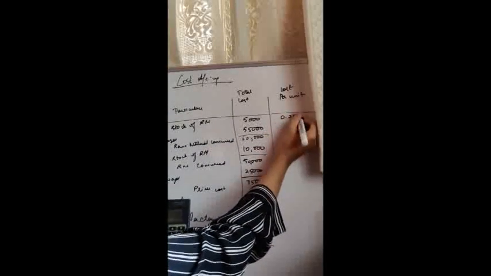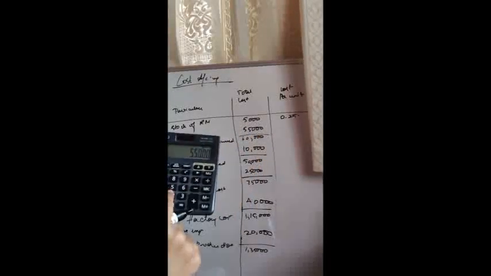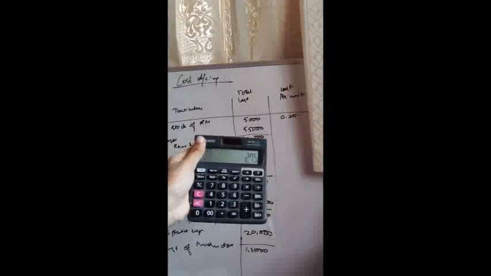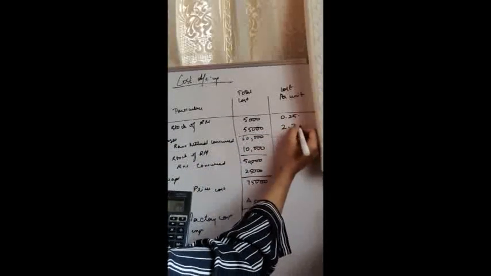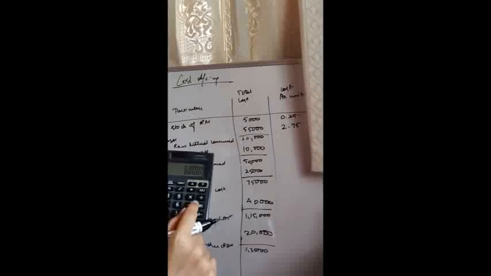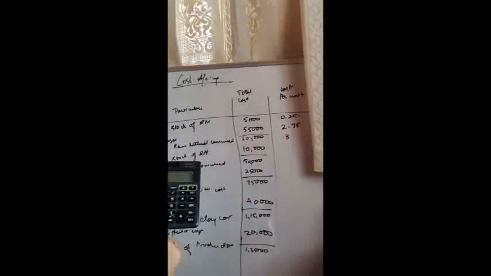This is your cost per unit. Next, 55,000 divided by 20,000 is 2.75. Similarly, 60,000 divided by 20,000 is 3.